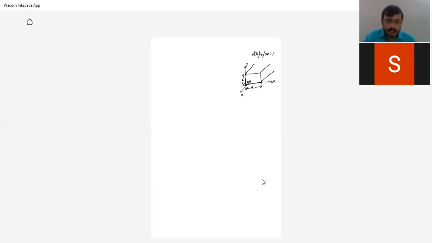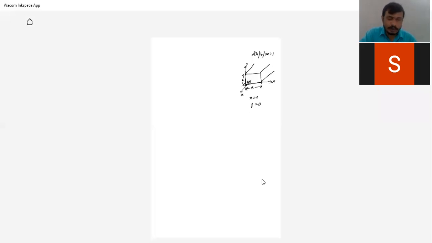So for our boundary condition, we are taking x equal to 0 and y equal to 0. At x equal to 0, in the x-axis, you don't have the y component. The first boundary condition is at y equal to 0.